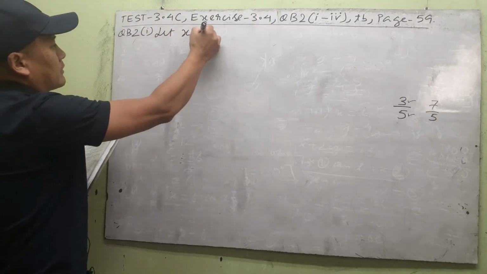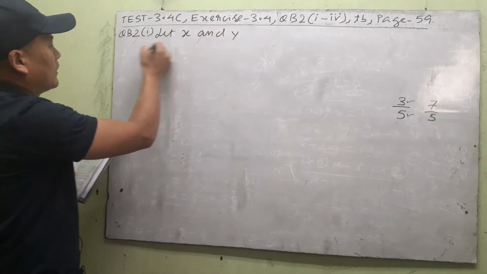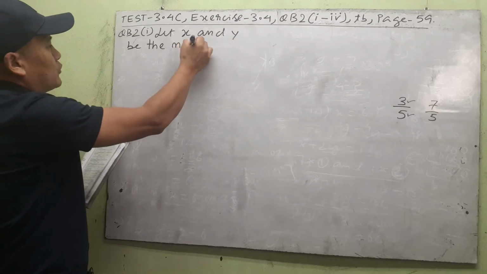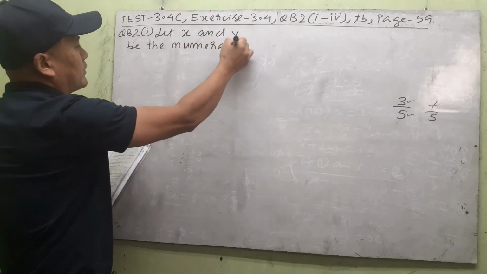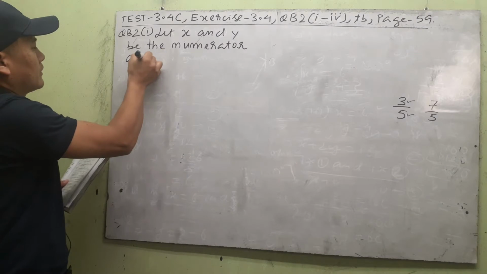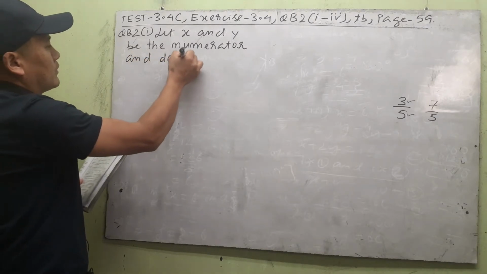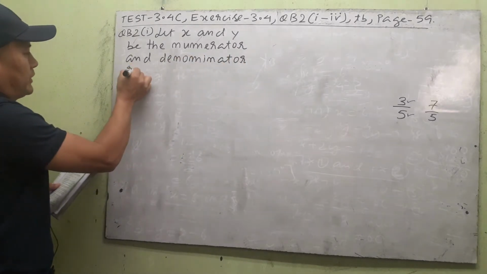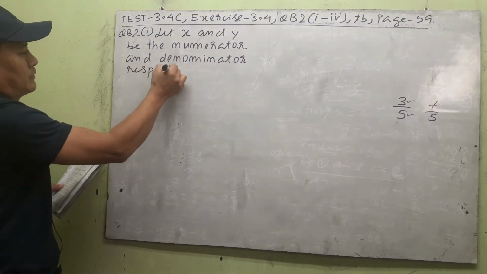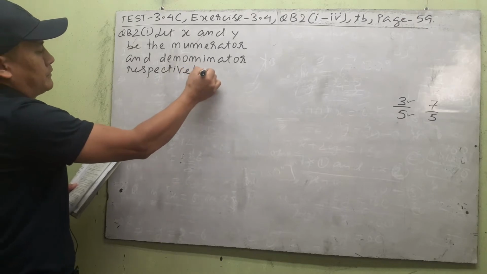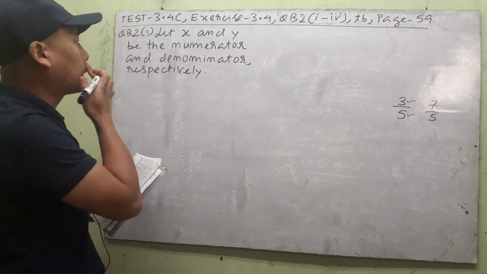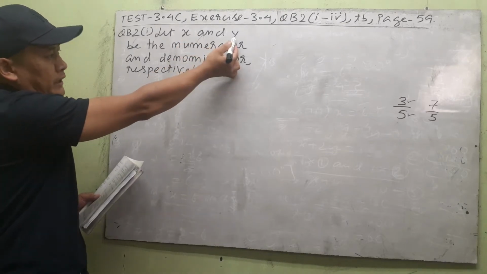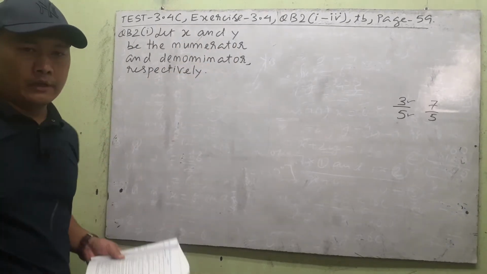Let x and y be the numerator and denominator respectively. The word respectively here means the one mentioned first here, x, is the numerator, and y mentioned second is the denominator.